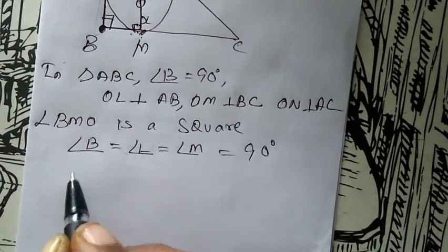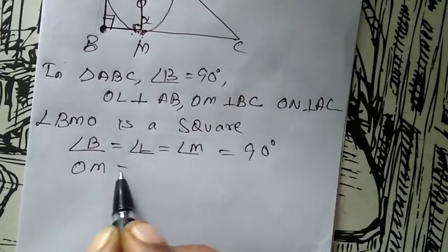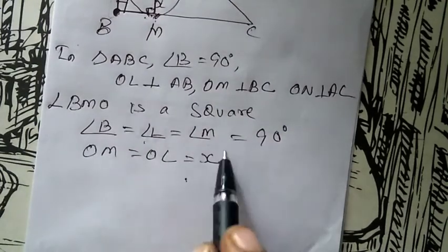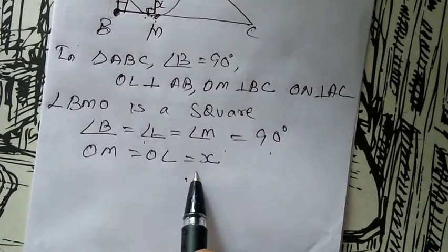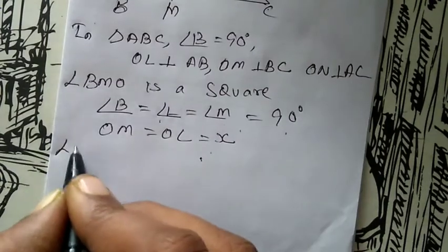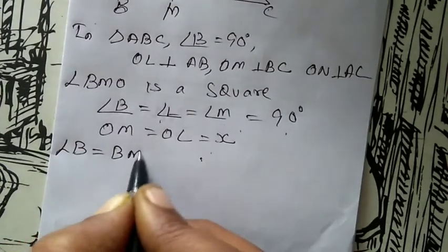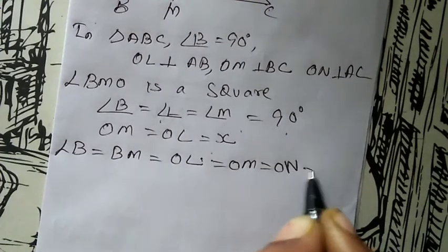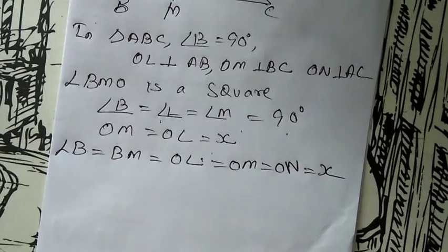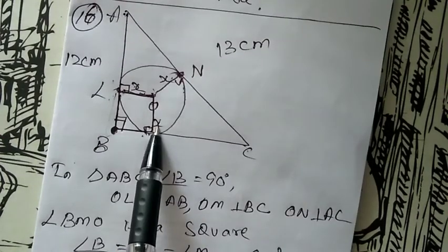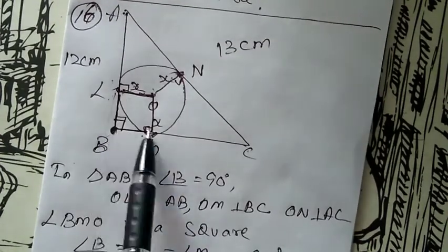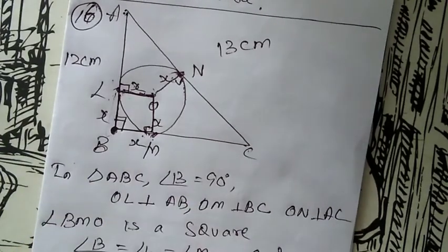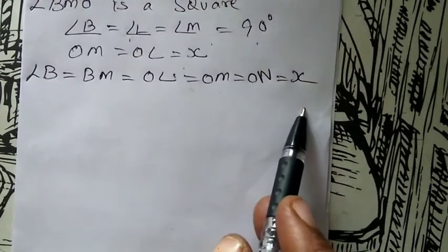And OM equal to OL, which is x. So adjacent sides are equal, adjacent angles are 90 degree. So it is a square. Now LB equal to BM equal to OL equal to OM equal to ON, all are radius. Now here these two are x. So square, all sides are equal. BM is equal to BL. This is also x. That is what we have written.